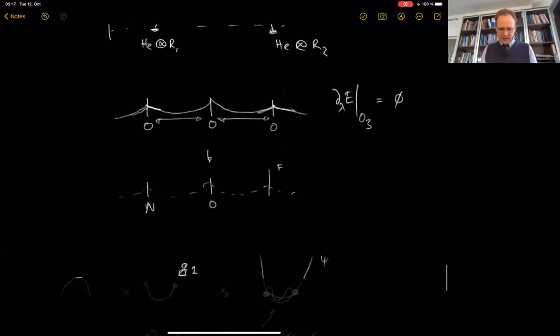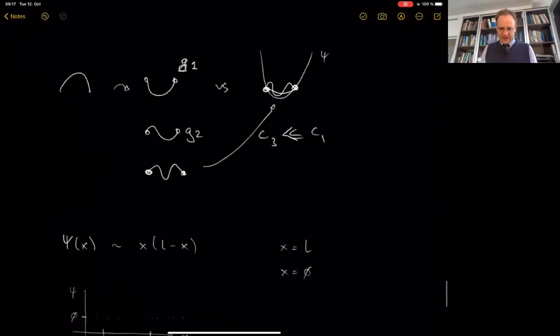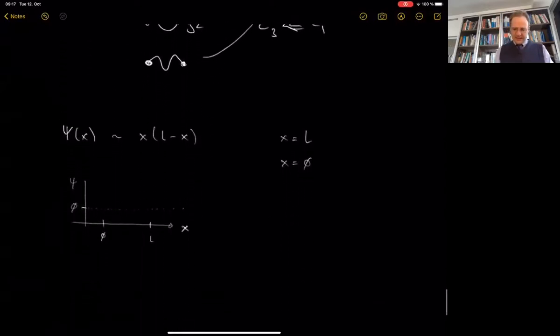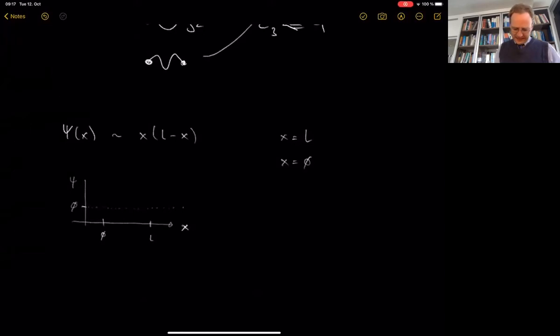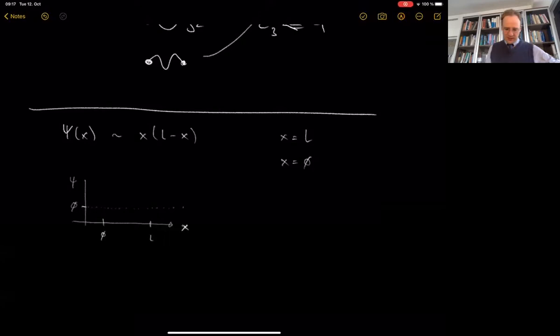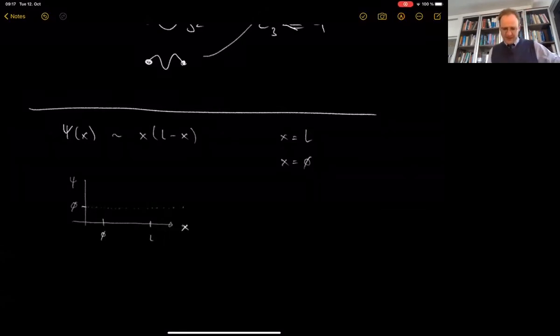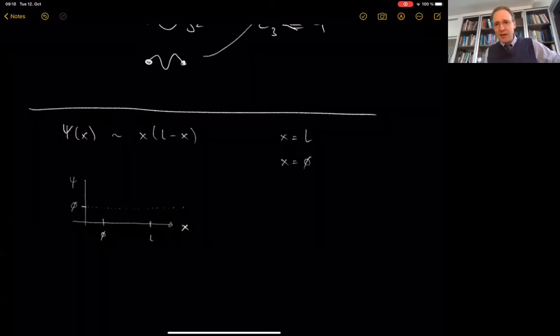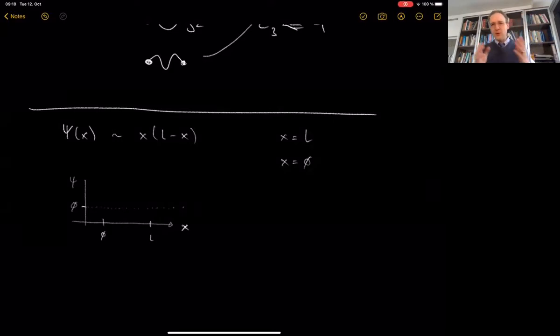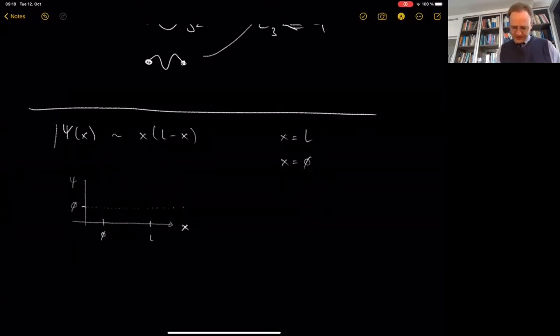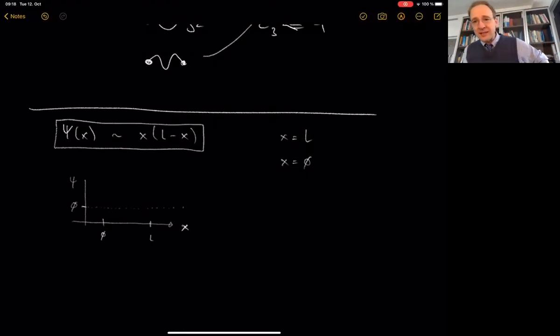Yesterday I was a little bit sloppy when we discussed these wave functions, and what I wanted to say is this, right? So in this last example of the particle in the box, we presume that we know a wave function. It doesn't even matter if it's the true wave function, but we just presume that this is the true wave function here. So that psi is proportional to x times brackets L minus x.